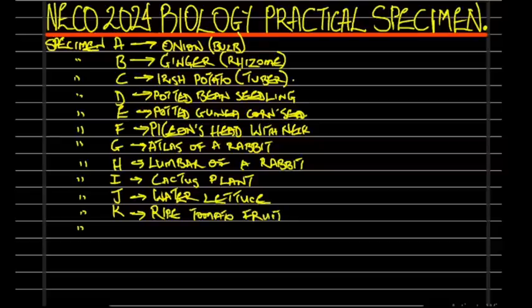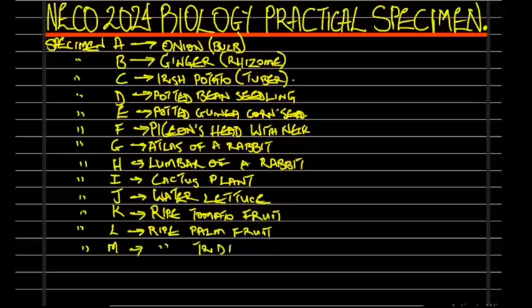And specimen L, we have our specimen L to be ripe palm fruit. And then we have specimen M to be ripe Tridax fruit.